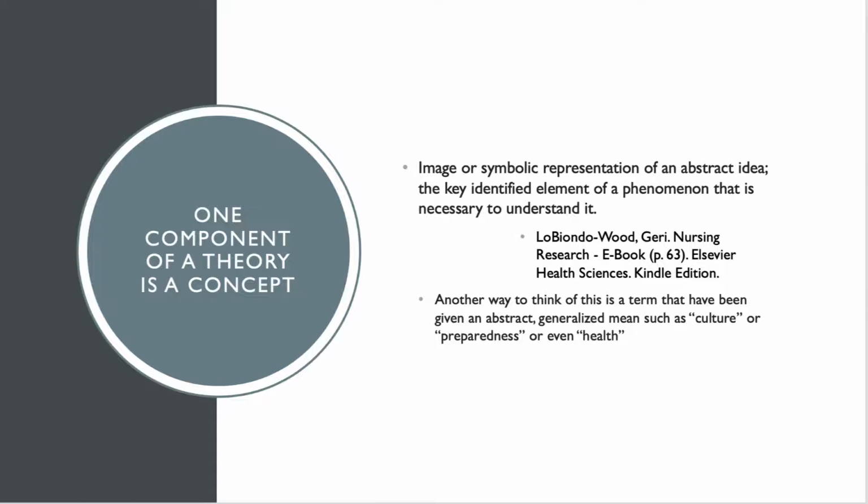Constructs usually comprise more than one concept and are built or constructed to fit the purpose. And their examples are health promotion, maternal-infant bonding, and so forth. So in this definition, yes, there is a slight difference, but for most people, they pretty much use them interchangeably.